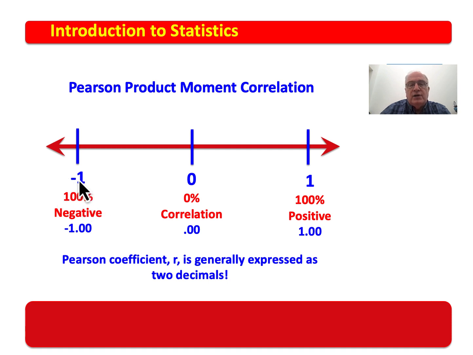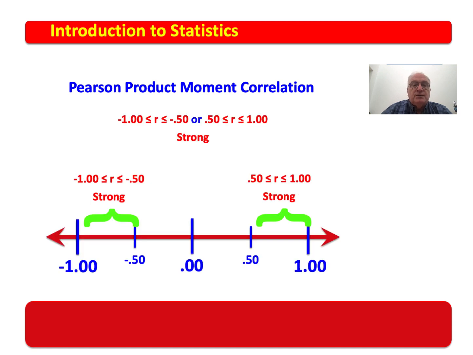And everything in correlation falls between -1 and 1. Generally we see it as a value of 2 decimal places. And 0 means there is absolutely no correlation. So the Pearson product moment correlation, or the Pearson coefficient r, is generally expressed as 2 decimals.